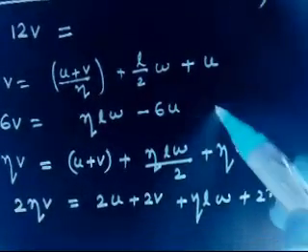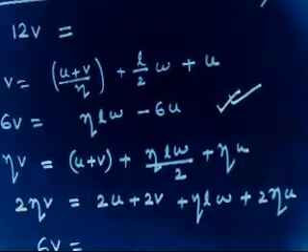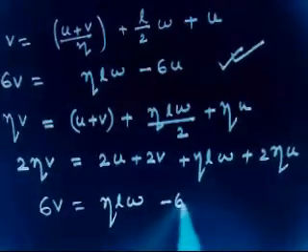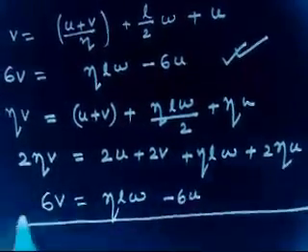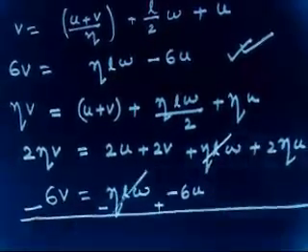Now I can use this equation, 6v equals eta L omega minus 6u, and subtract the two equations. So this term goes.